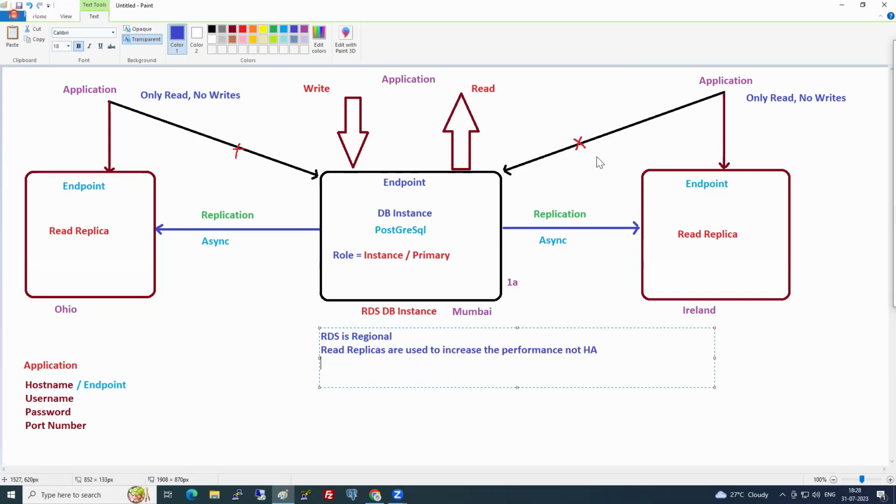And guys, how many read replicas can you have maximum? 5. It's a certification question. Maximum 5 read replicas. Read replicas can be in different availability zones and cross region too, correct?